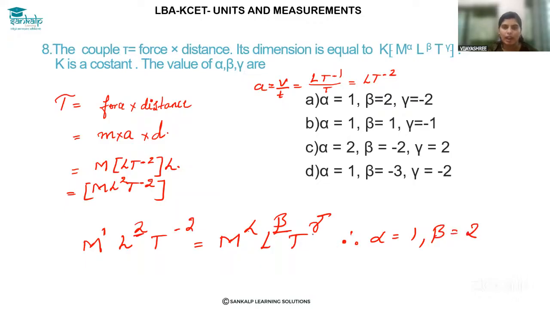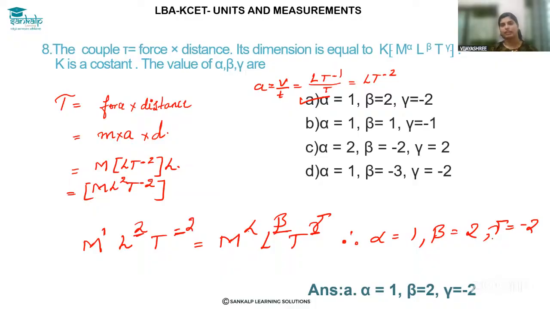Gamma is minus 2, since T raised to minus 2 is there. So gamma is equal to minus 2. So the correct answer here is option A, alpha equal to 1, beta equal to 2, gamma equal to minus 2. Option A is the correct answer.